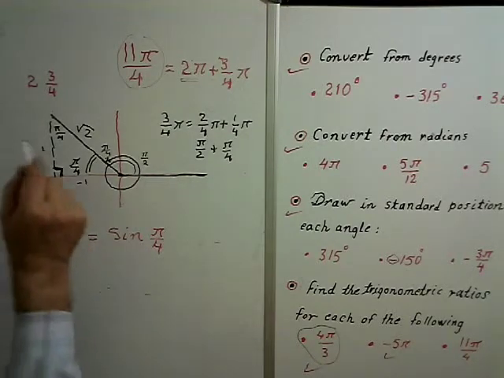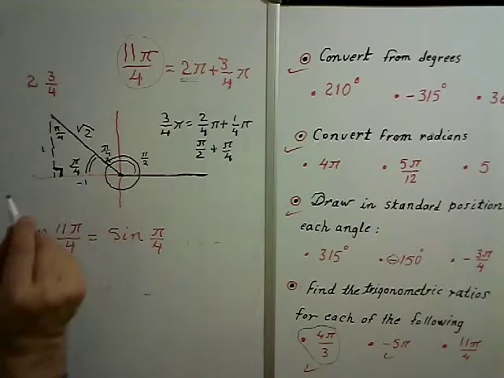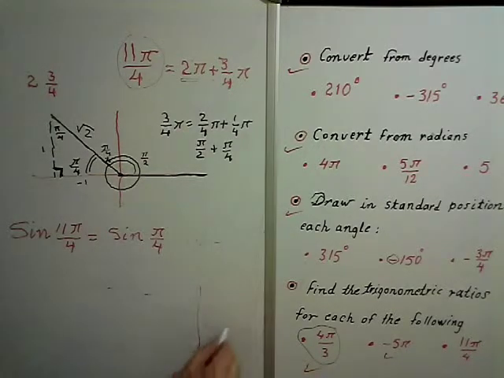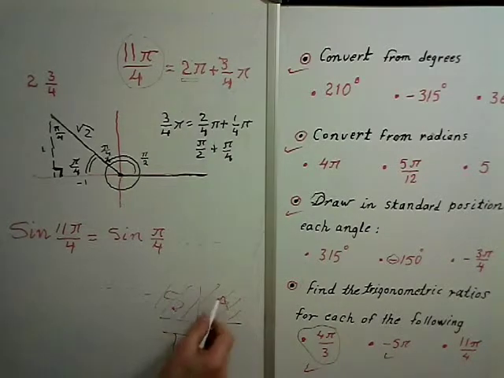In the second quadrant, sine is positive, according to A, S, T, C. S means sine. The second quadrant is positive, and also sine is positive for the first quadrant.